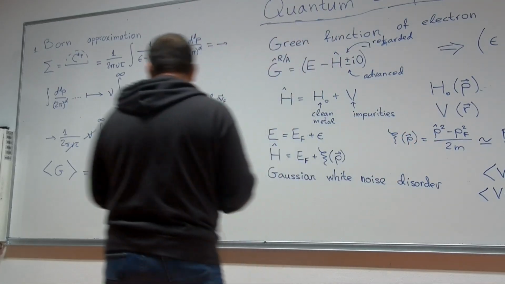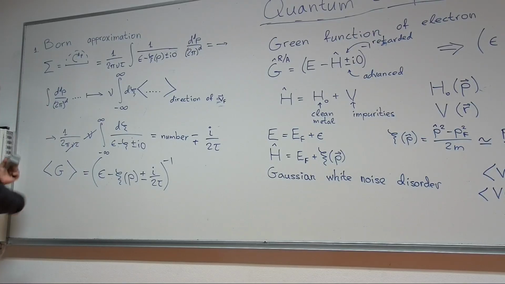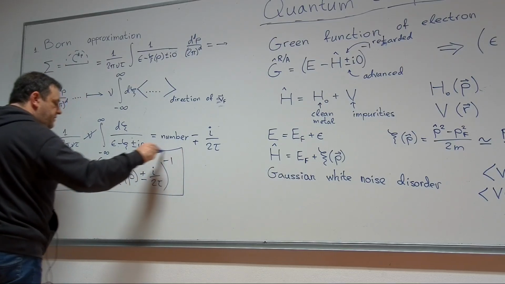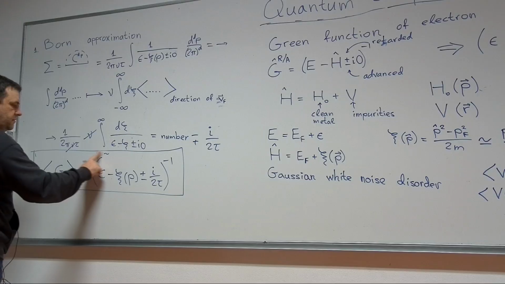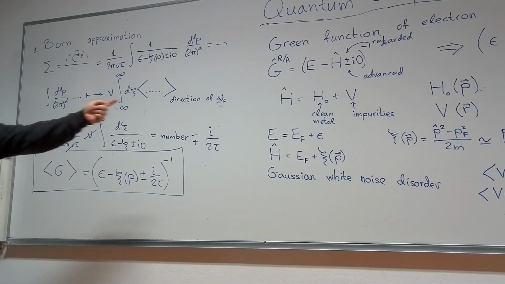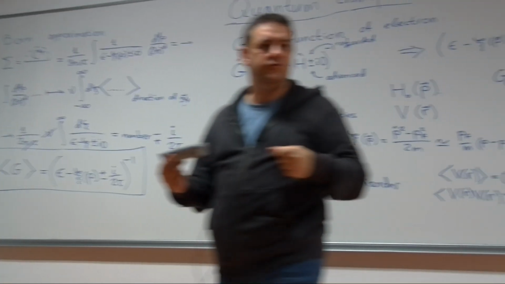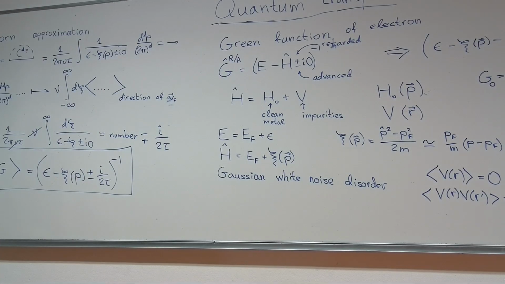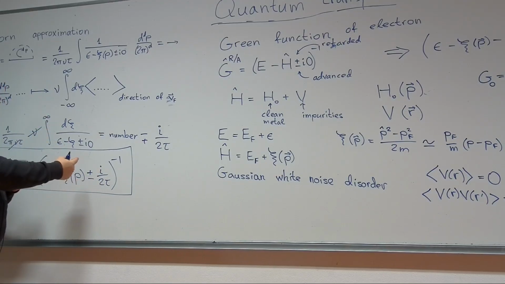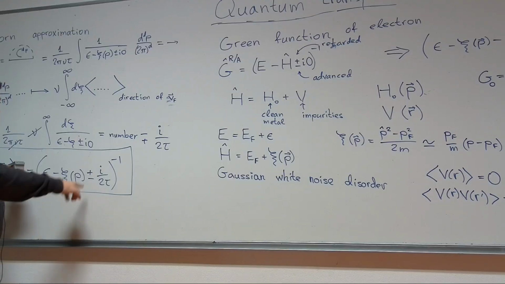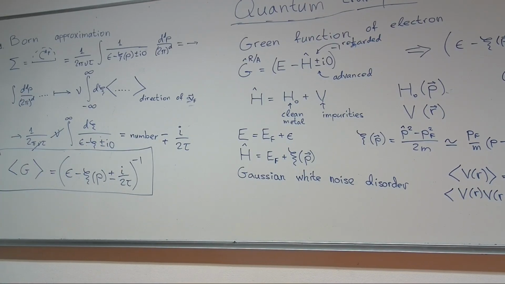And then we calculate the average Green function averaged over disorder, and we observe that it's the same as the clean Green function, just this i0 is replaced by i over 2 tau, with the same sign. For the retarded function, it is still positive. It was plus i0, it becomes plus i over 2 tau. For the advanced function, it was negative, it remains negative. So, are there any questions here?